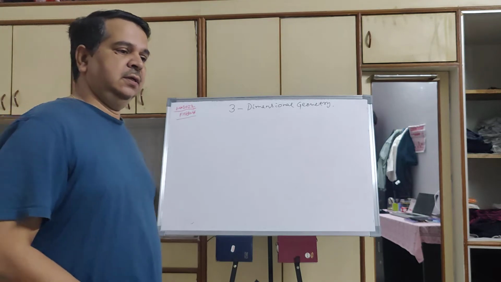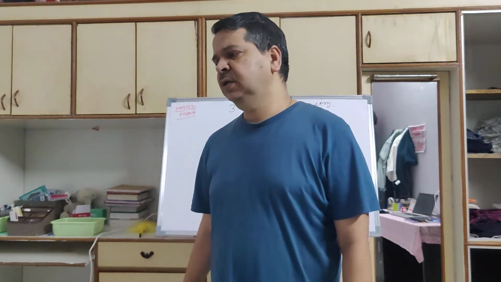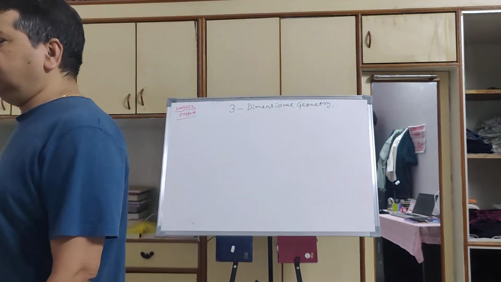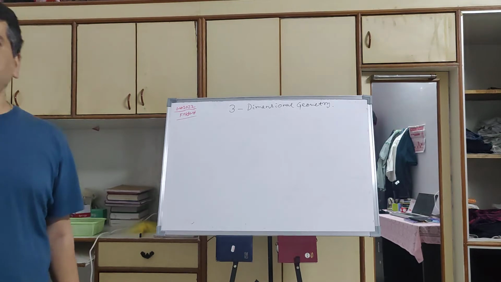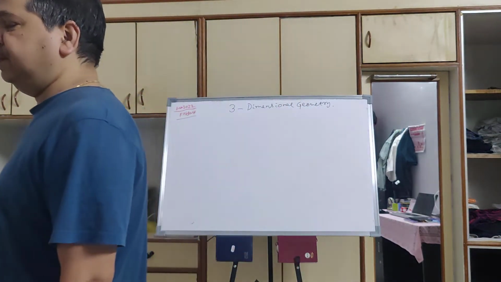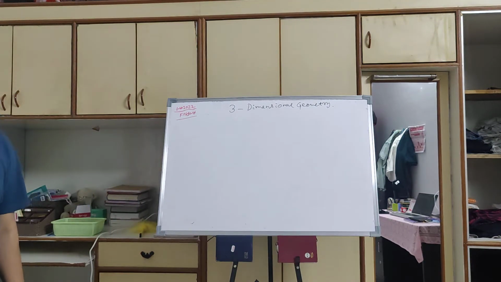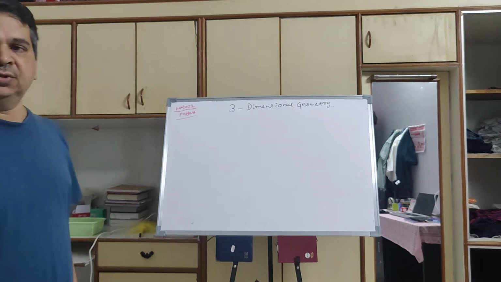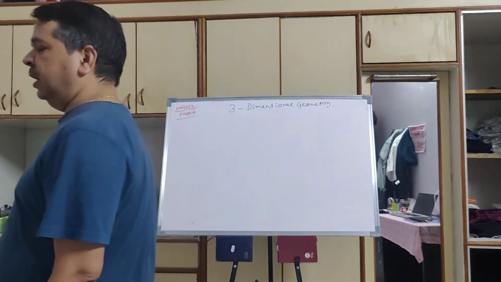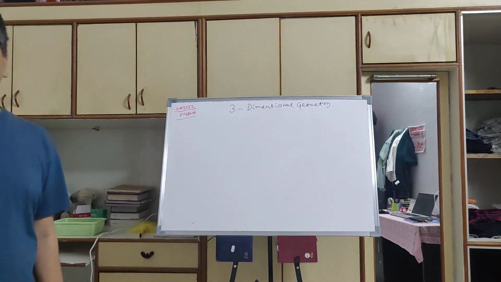In your coordinate geometry, you might have already covered the equation of a circle, equation of an ellipse, equation of a parabola, equation of a hyperbola. Those things you have already, and the equation of a line, like y is equal to mx plus c, and all that you have already derived.